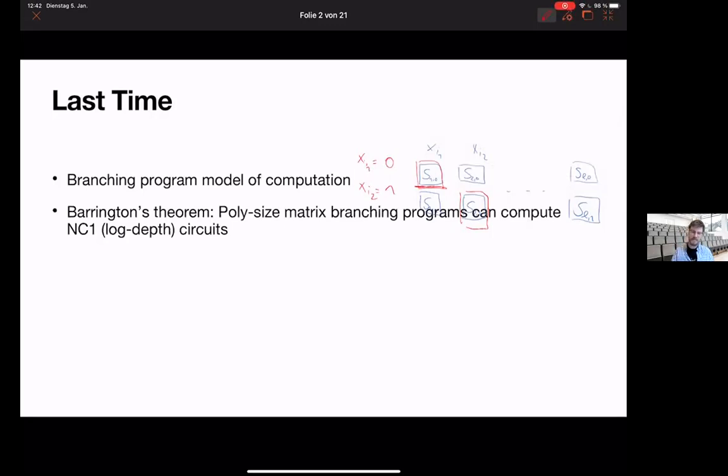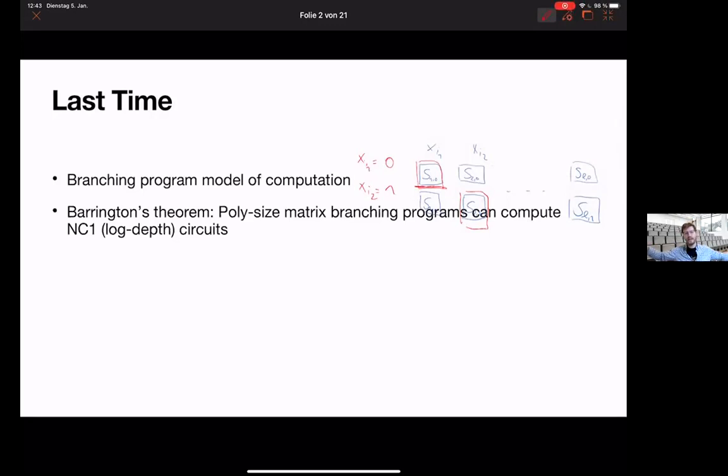And as a quick hook back, I have already mentioned that many interesting cryptographic operations, like encryption and decryption for many interesting encryption schemes, including the GSW fully homomorphic encryption scheme, can be done in NC1, right?